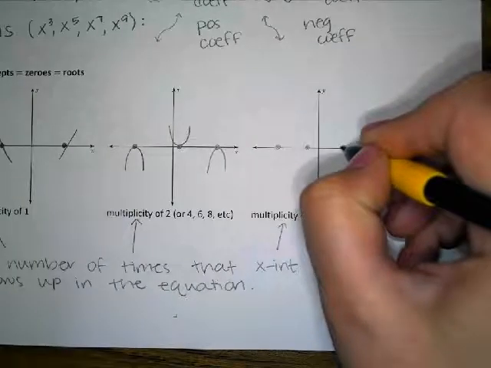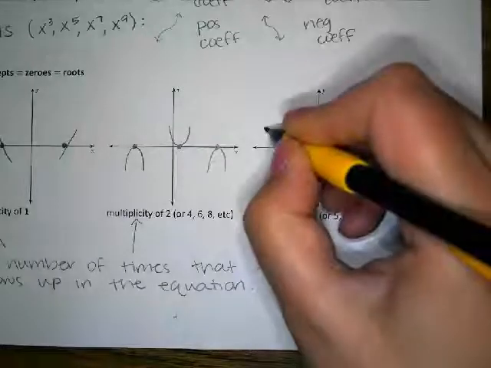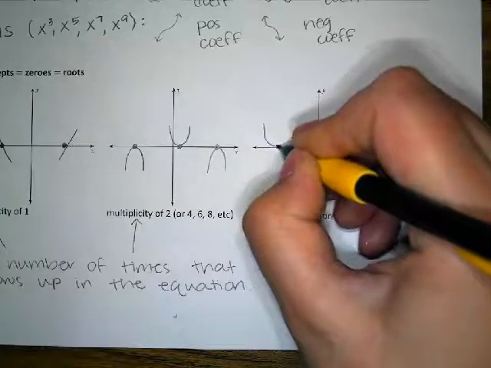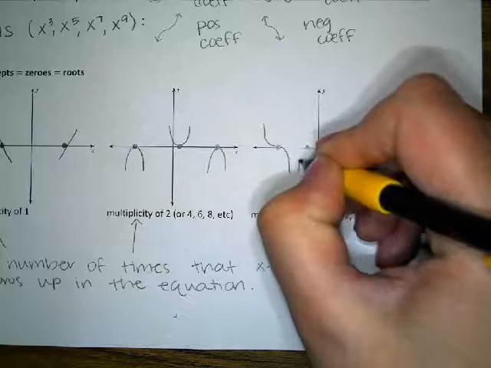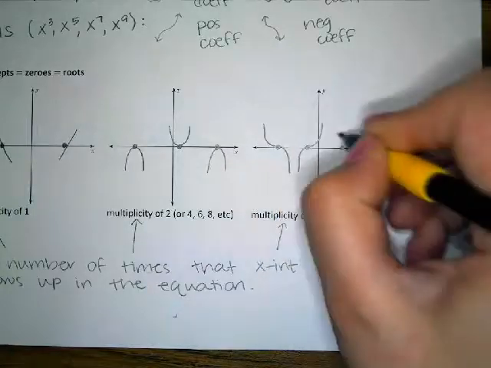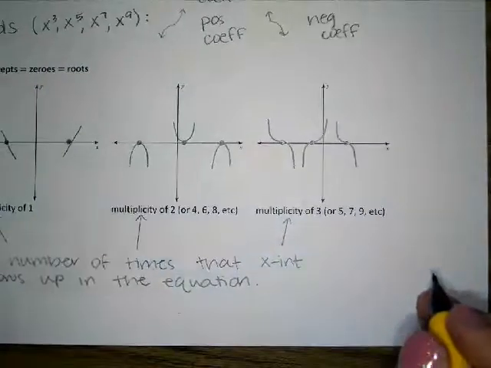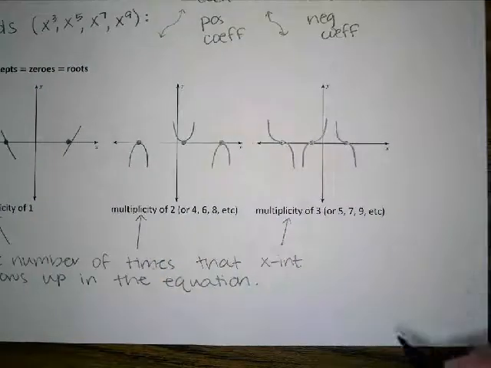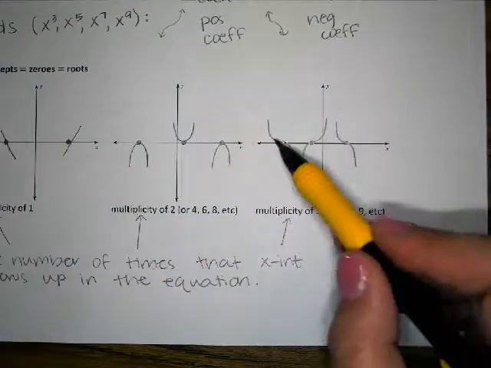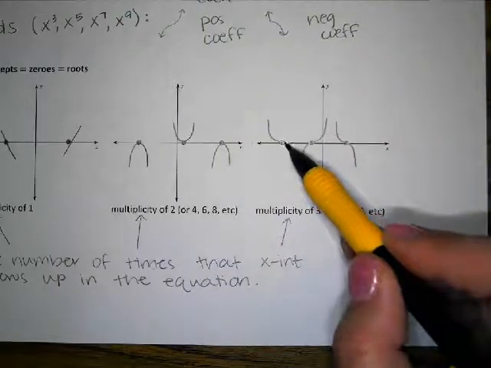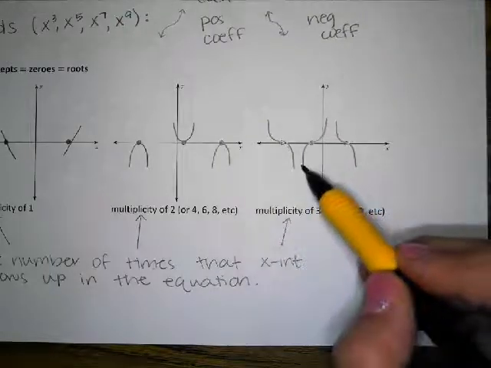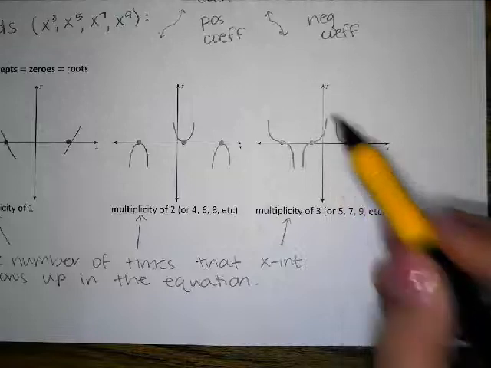And for a multiplicity of 3, we said that it kind of squiggles through the x-intercept. So down, level out, go down, up, level out, go up, down, level out, go down.